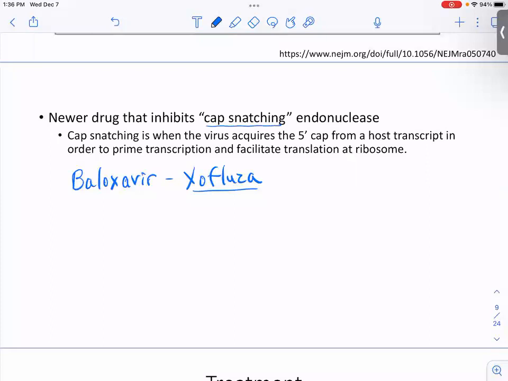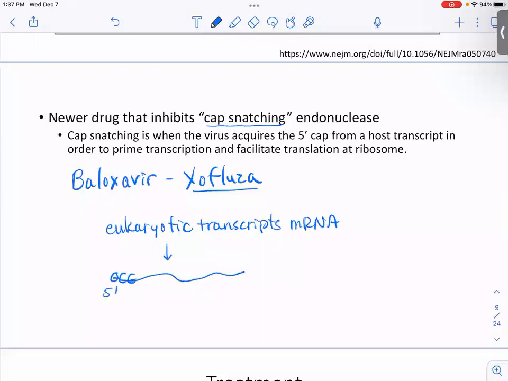If you remember back when we talked about genetics, eukaryotic transcripts of messenger RNA have a bit more processing than the prokaryotes have. On the 5' end, they have a guanine cap, and on the 3' end, they have polyadenylation.